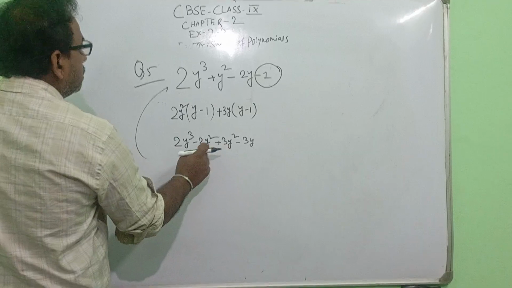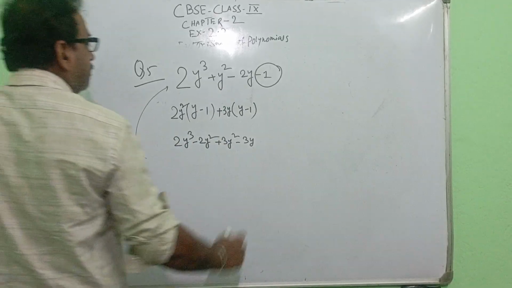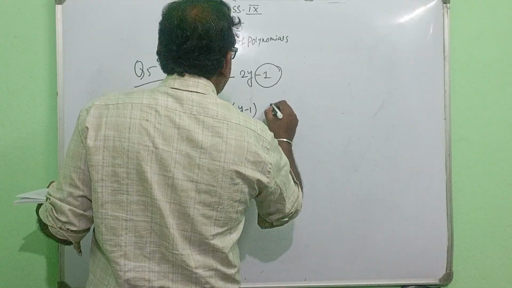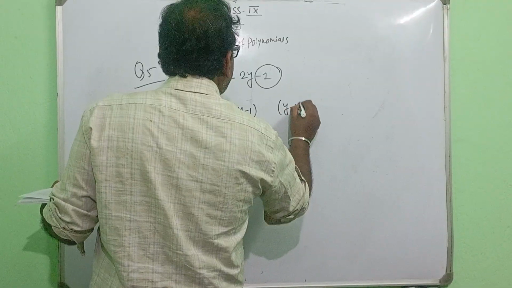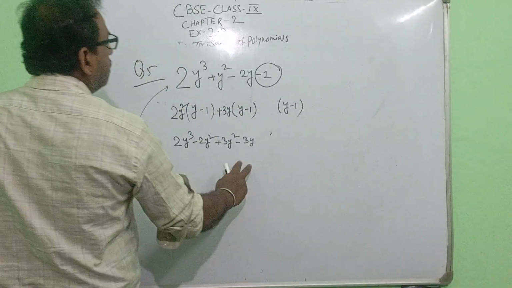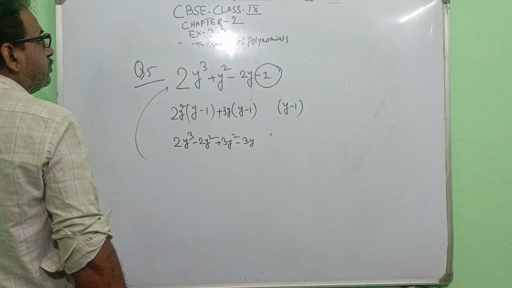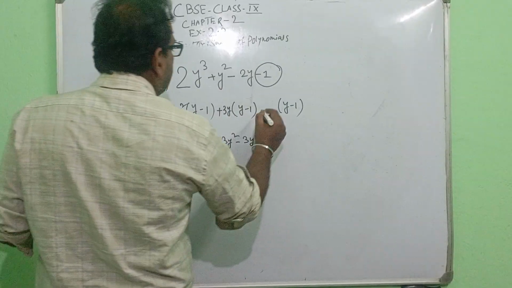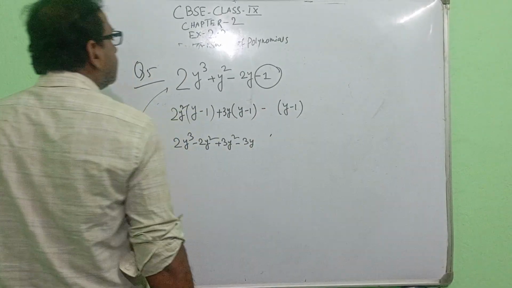Now plus this has come again y minus 1. Now this is 3, but we have 2. What will we do? Minus.